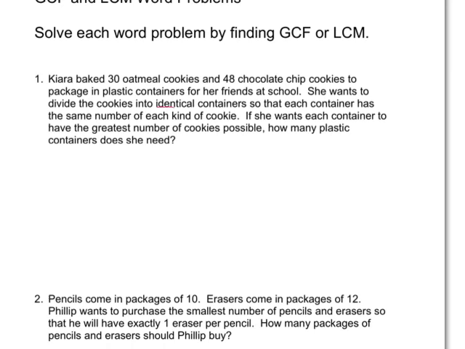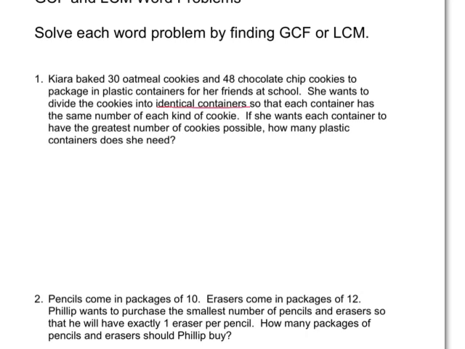She wants each container to be the same. In other words, each friend's going to get the same amount of cookies, so that each container has the same number of each kind of cookie. If she wants each container to have the greatest number of cookies possible, how many plastic containers does she need?